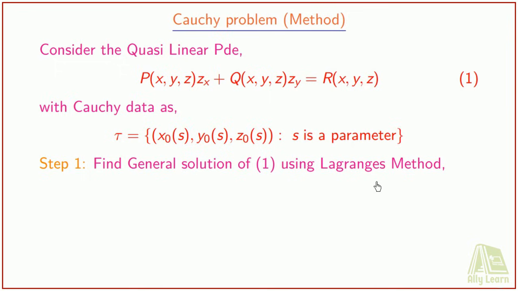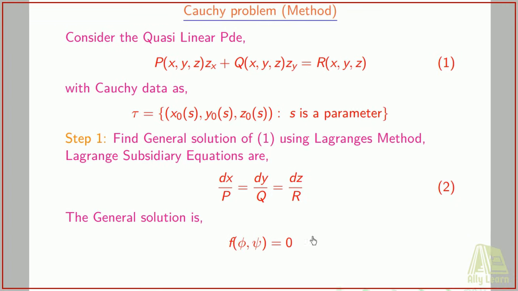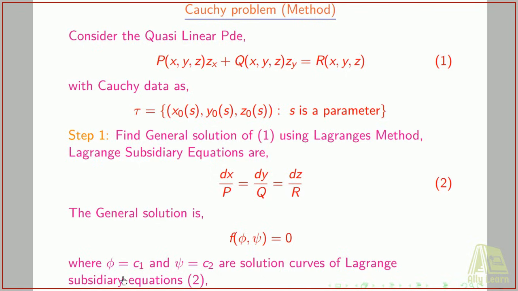You must be remembering that in order to find the general solution using Lagrange's method, first of all, we consider the Lagrange subsidiary equations, which are these, and then we find the general solution, which is an expression of this type: F(phi, psi) = 0, where phi = c1 and psi = c2 are the solution curves of these Lagrange subsidiary equations, and F is an arbitrary function.